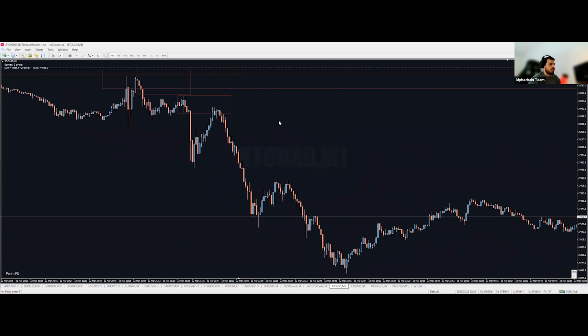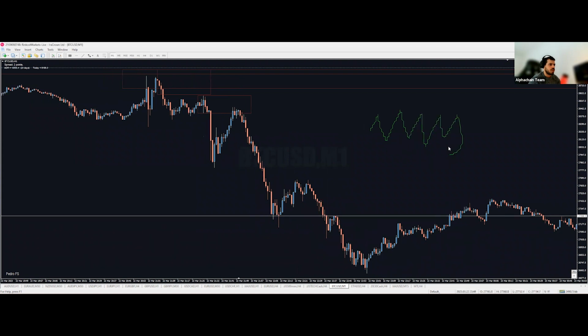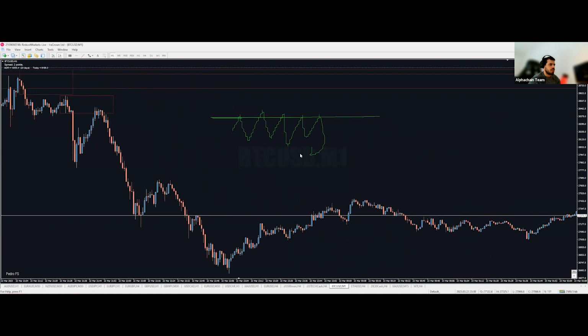The correlation between the supply levels or demand zones and the support and resistance. For example, when you do have a strong resistance level, eventually when this level is broken, it's quite nice to see a good level of demand in alignment with this.